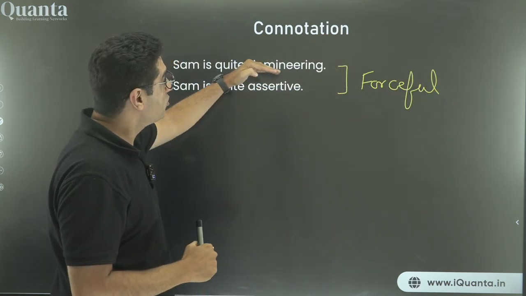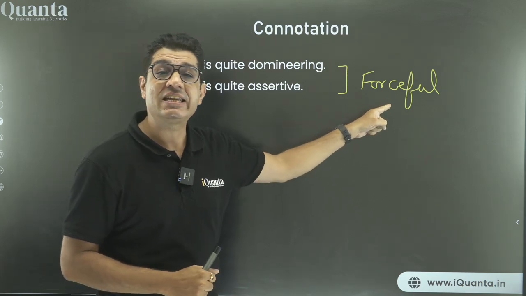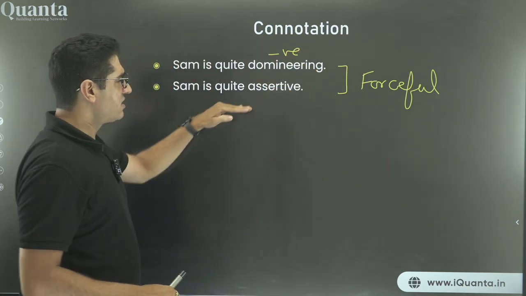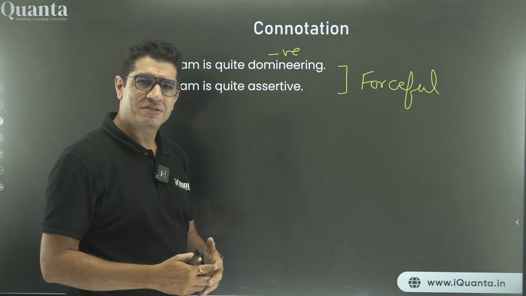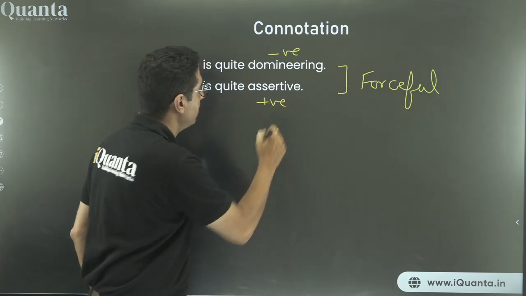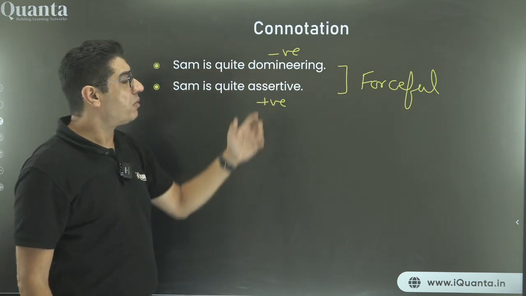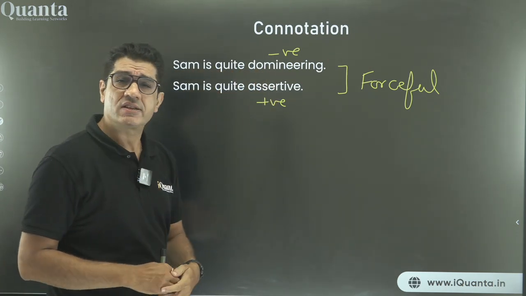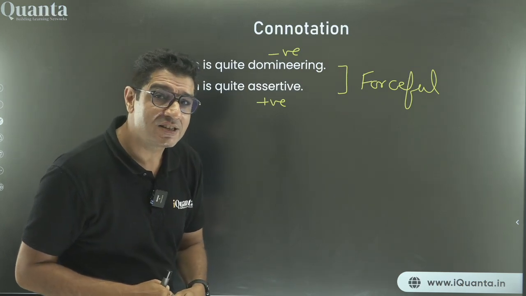But we use domineering when we do not like that behavior. So this is a negative word. On the other hand, we use assertive when we do like that behavior. So this is a positive word. So when I say Sam is quite domineering, my tone is negative. But when I say Sam is quite assertive, my tone is positive.